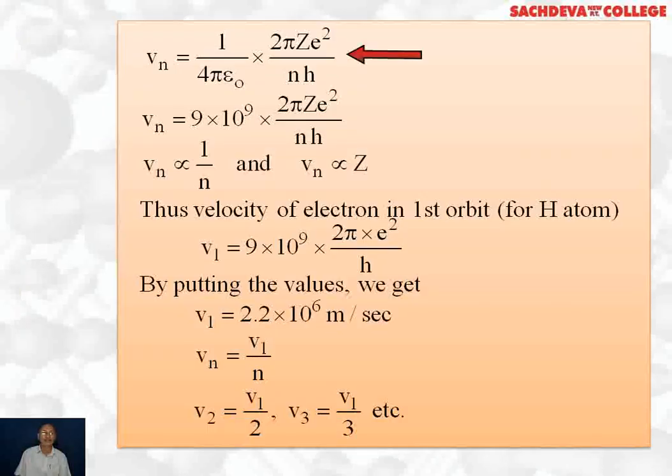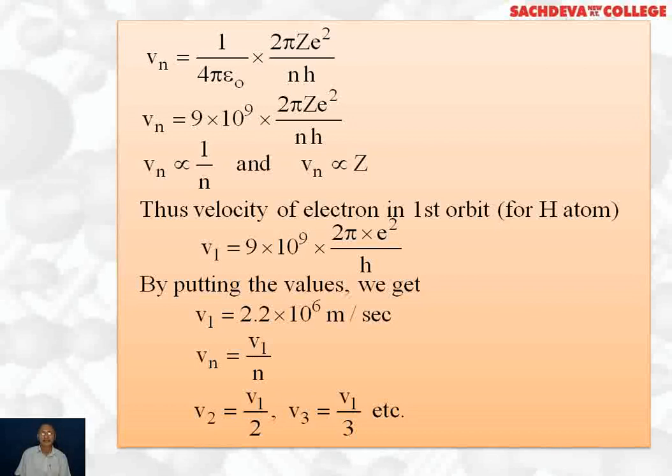Vn, that is the velocity in energy level n, will be given by 1 over 4 pi epsilon into 2 pi z into e squared divided by nh. After substituting the values, you will find that velocity in the nth orbit is proportional to 1 over n, and vn is directly proportional to z, that is the atomic number.